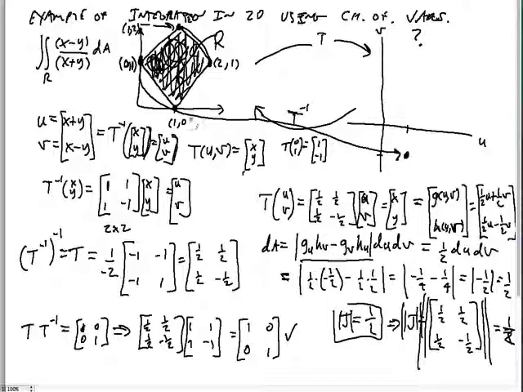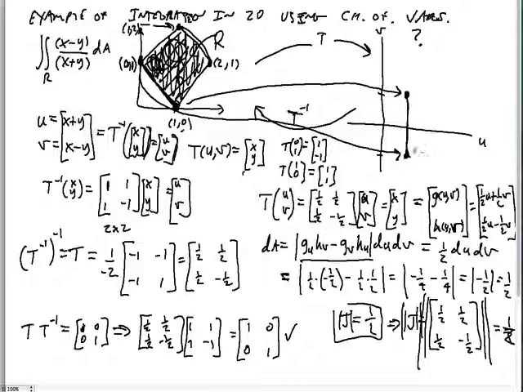Then T of 1, 0 is this point right here, and that's going to be 1, 1. So that becomes 1 here and 1 there. Because this is a continuous function, it's a pretty good guess that any line between them is also connected.